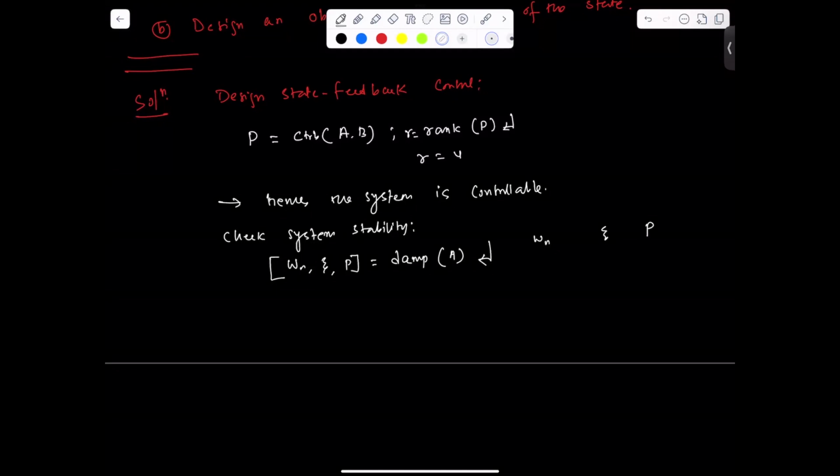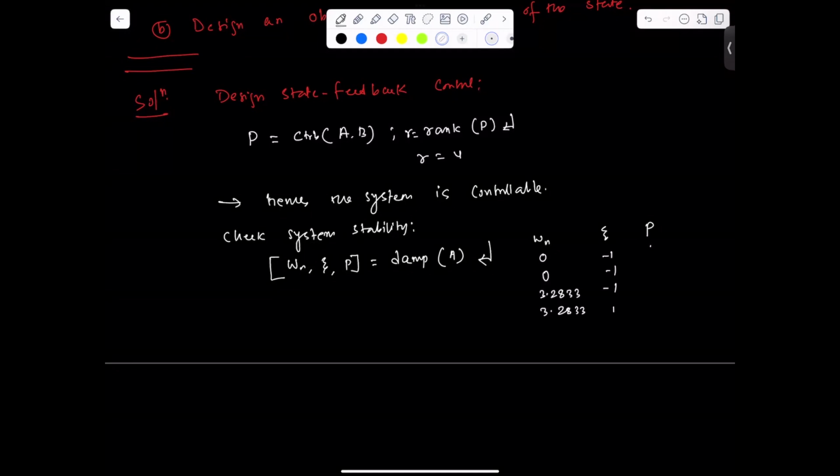Here we are getting omega n for the different states as 0, 0, 3.2833, 3.2833. And zeta we are getting as minus 1, minus 1, minus 1, and 1.